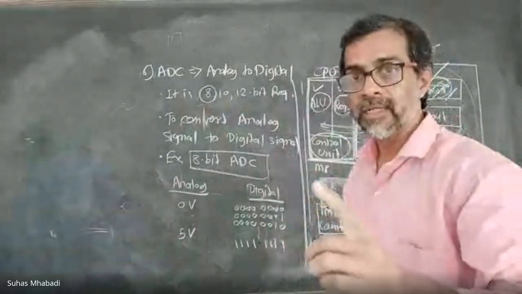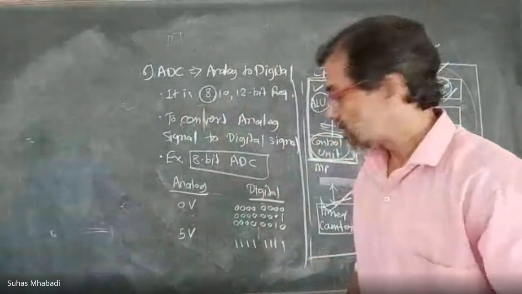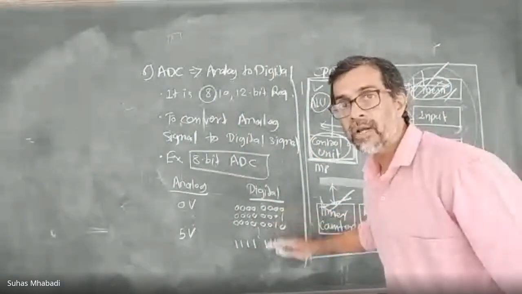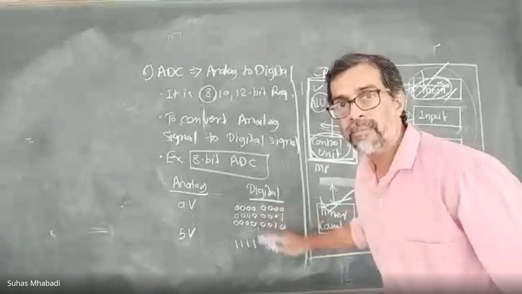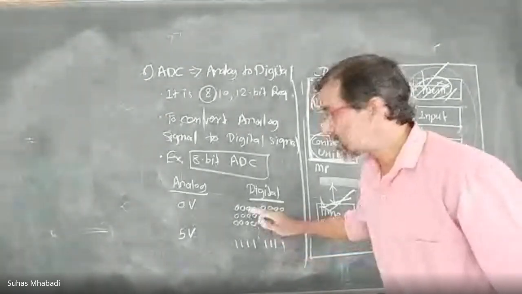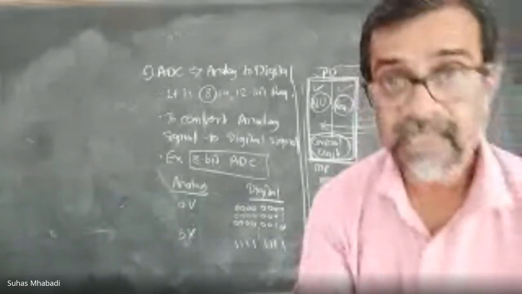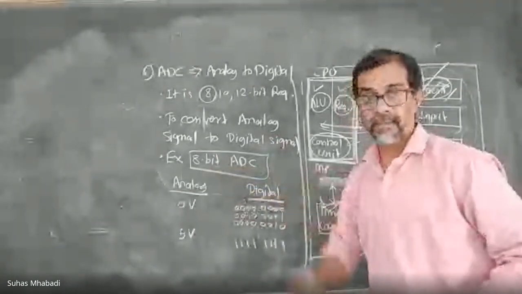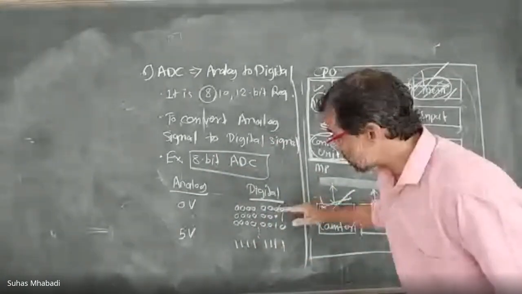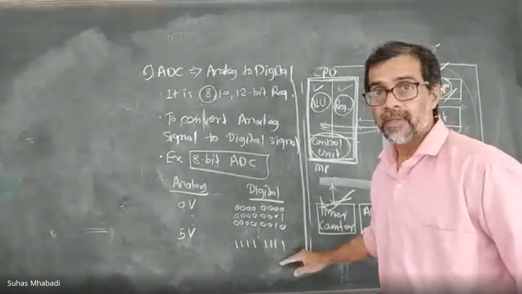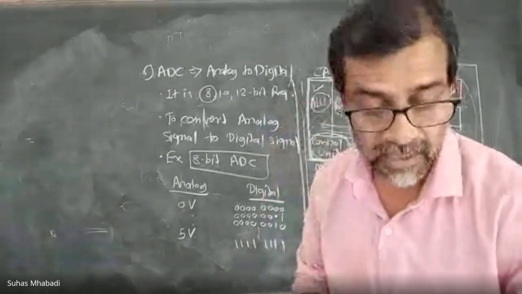Will somebody please tell me how many different steps are available in this ADC if the register is 8-bit? How many steps are there, which is called the resolution of the ADC?